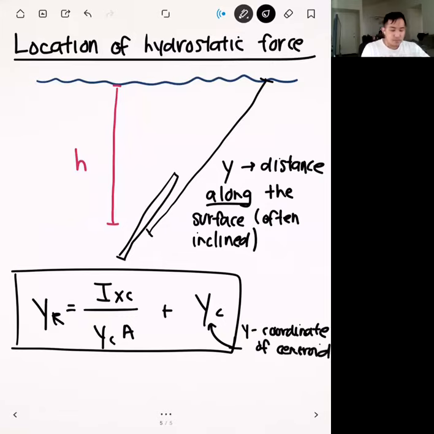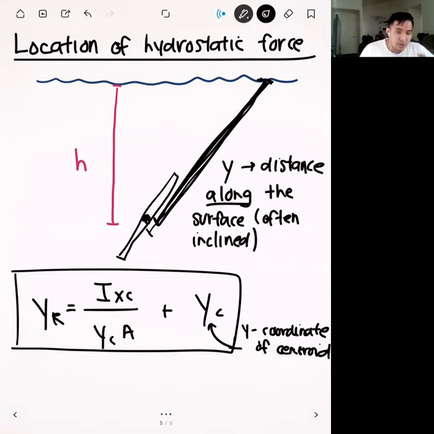Just like we did for the magnitude of the force, the centroid of our surface is going to be really important. But notice here that it's Y sub C, not H sub C. After you find the centroid, you find the distance from the surface of the water to that centroid, but you do it along the axis of the surface itself.